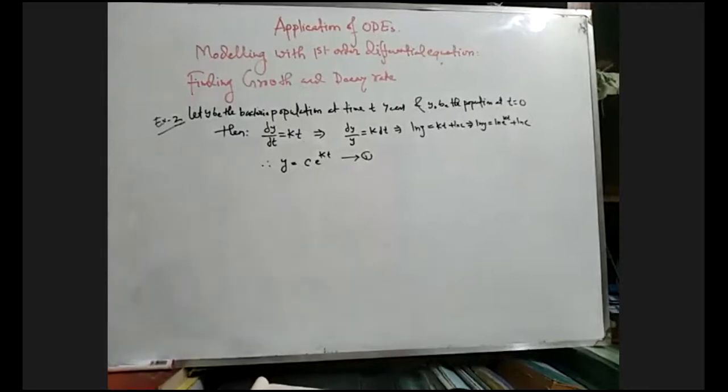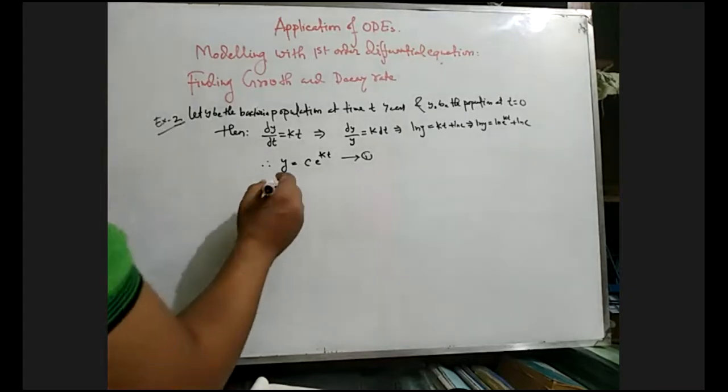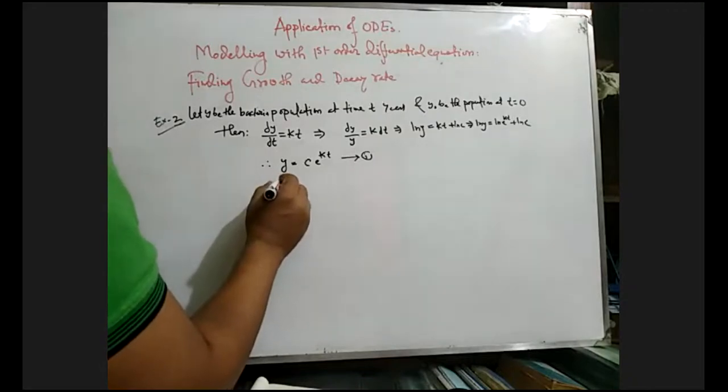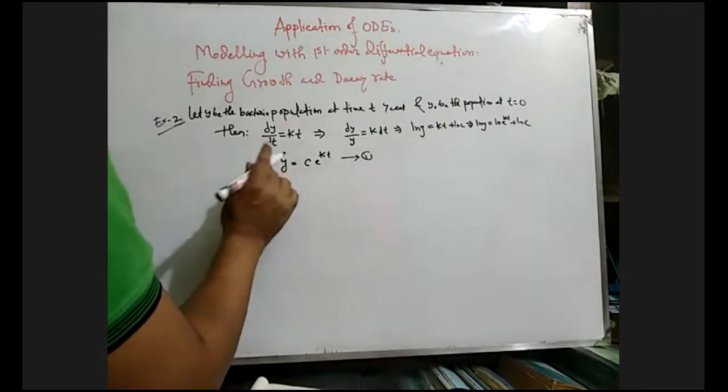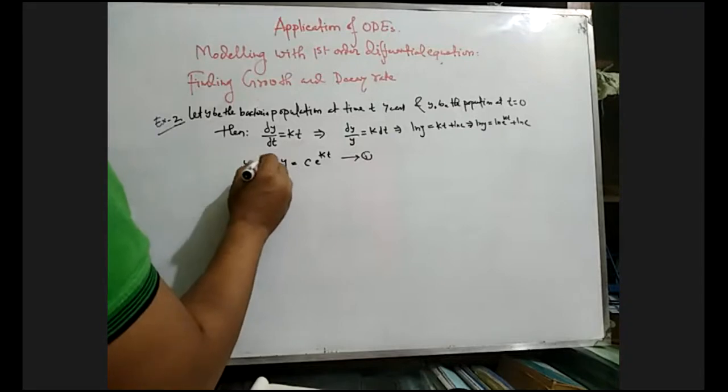Now after 3 hours, the number of bacteria is 400. This can be denoted by yt. Remember it.